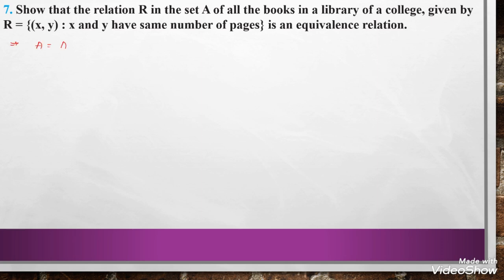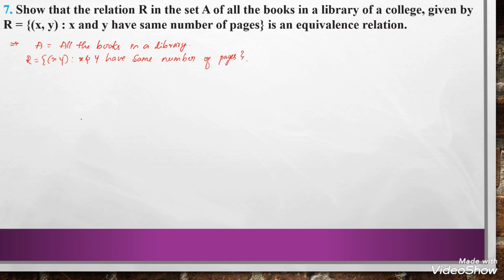Then there is a relation R such that x and y have the same number of pages. Okay, this is the relation.